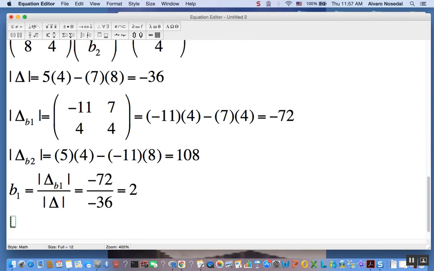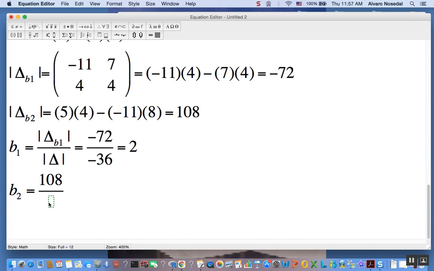We do something similar with B2. It is going to be the determinant delta B2 divided by the determinant of the system. Okay, so it's going to be 108 divided by minus 36, and that happens to be exactly minus 3.